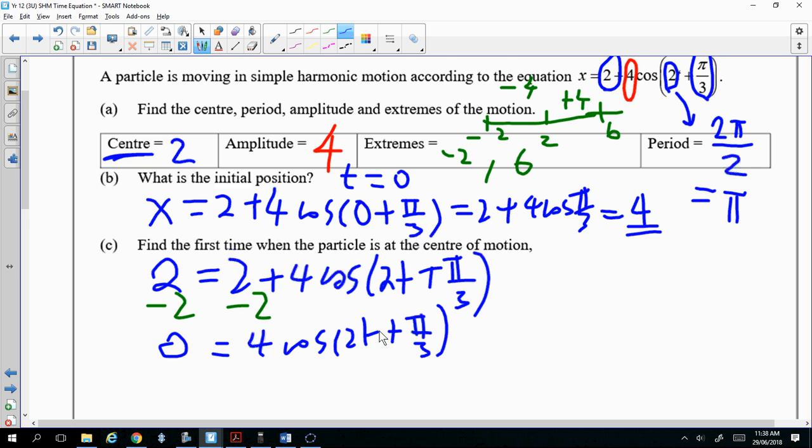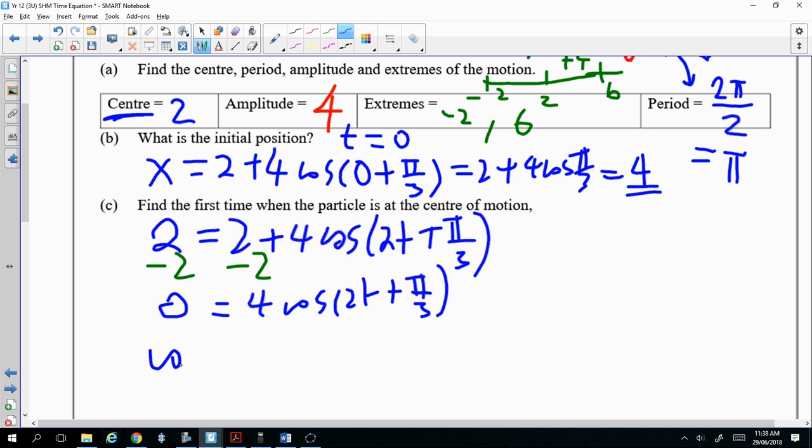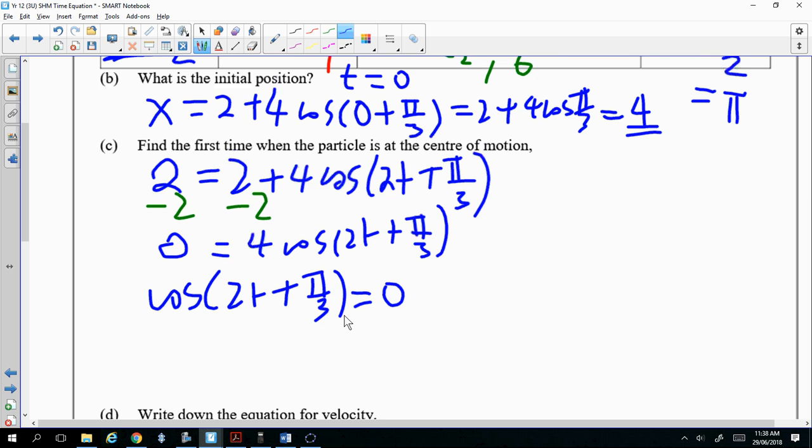Now to solve this equation, make sure you remember the graph of cos: when it's 0, it is pi over 2. So that thing equals pi over 2. Now you don't need the other one because the question says find the first time. So you only take the smallest one, pi over 2.